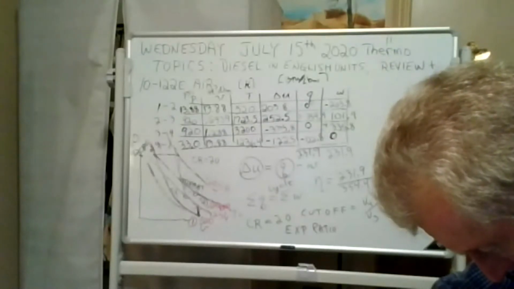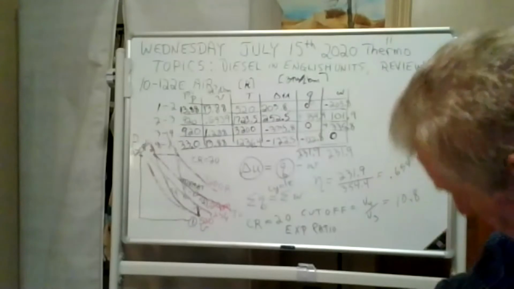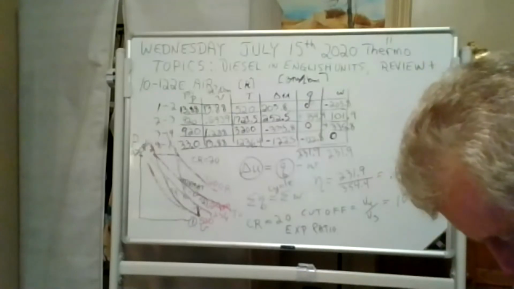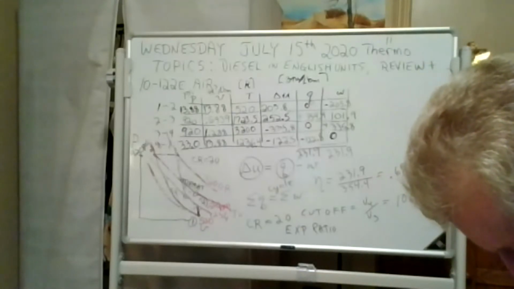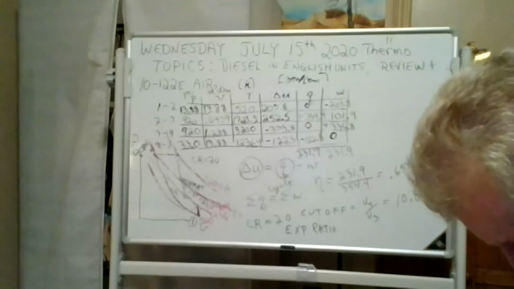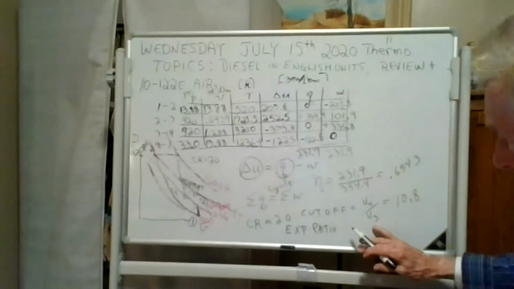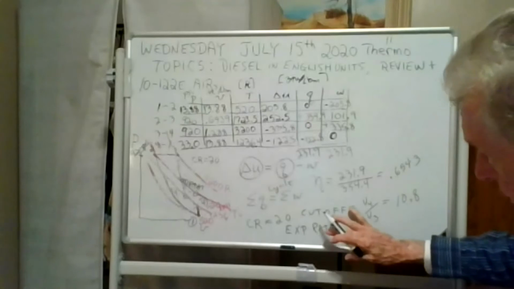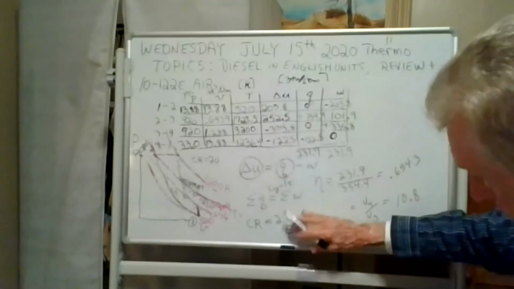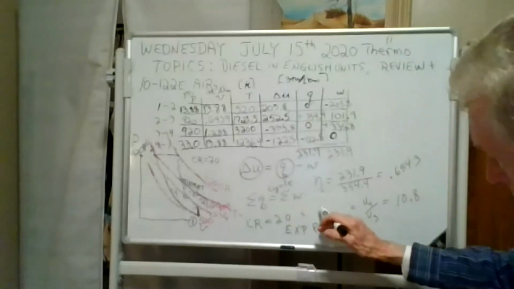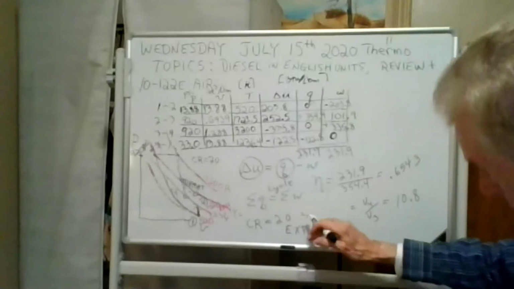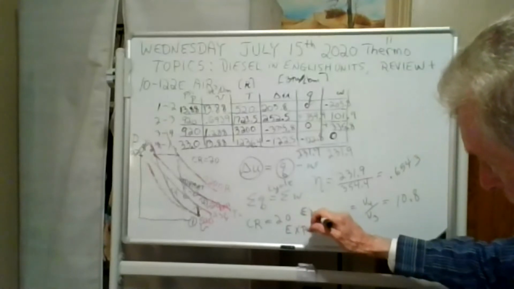No, it's V4 over, okay, no. This is wrong. I'm sorry. The V4 over V3 is called the expansion ratio. I got those backwards.